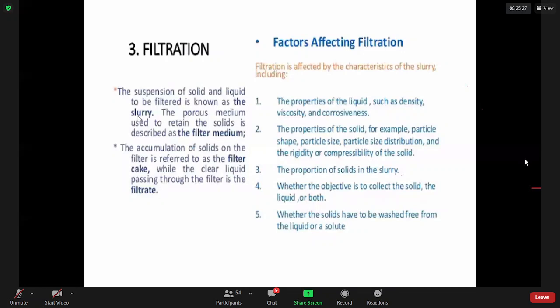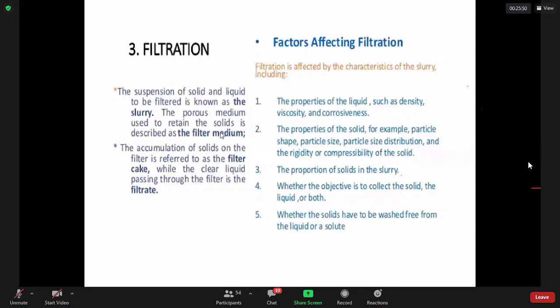So we have four terms. We have the slurry, we have the filter medium, we have the filter cake, and the filtrate. Now, I think you've done some filtration.